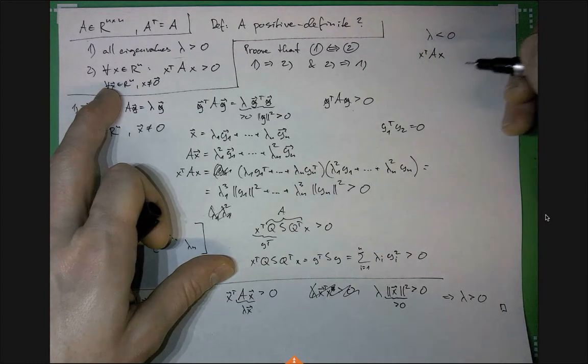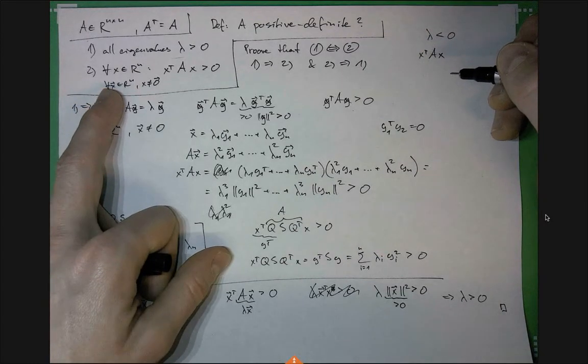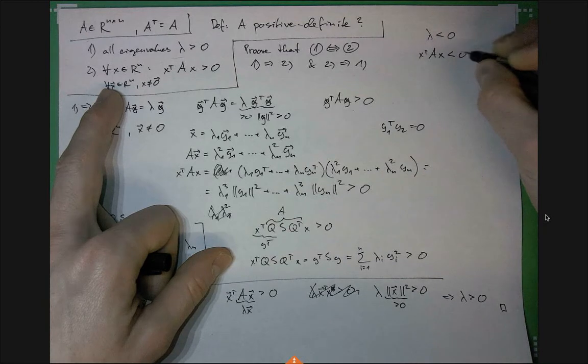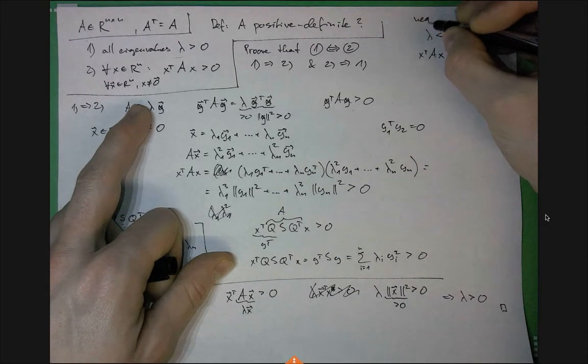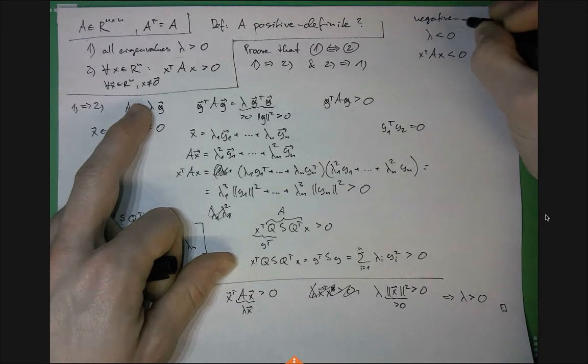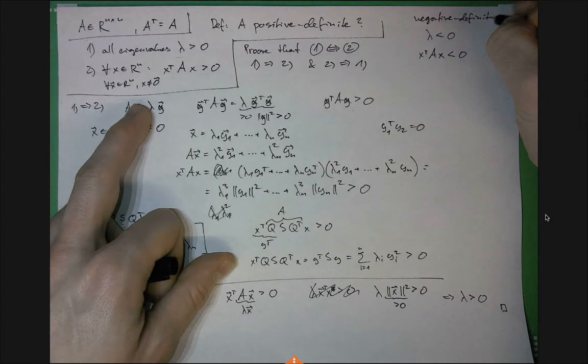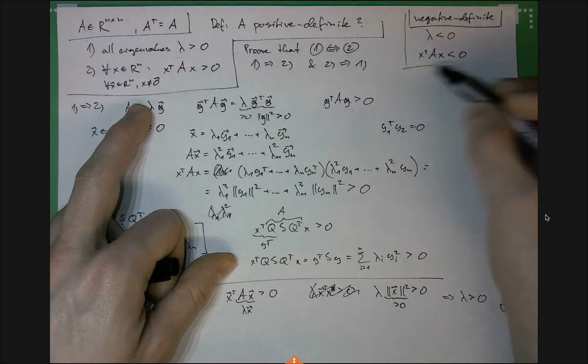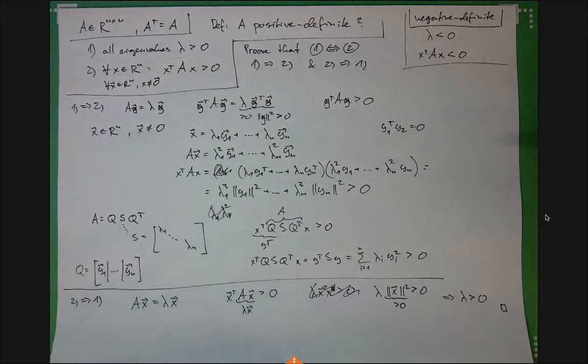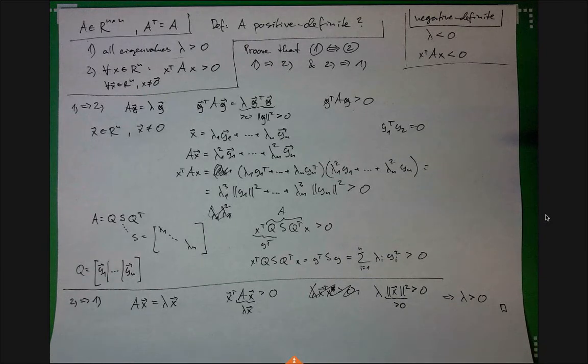That's a dumb question, I guess, but it's also less than 0, right? So that's negative definite. And we had 2 other variations on this idea, right? What was that? For the semi-definite and negative semi-definite, right? So what is the deal with those?